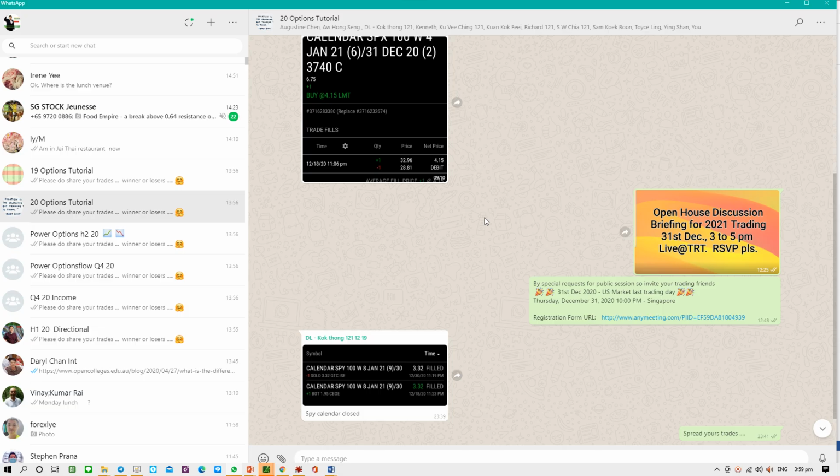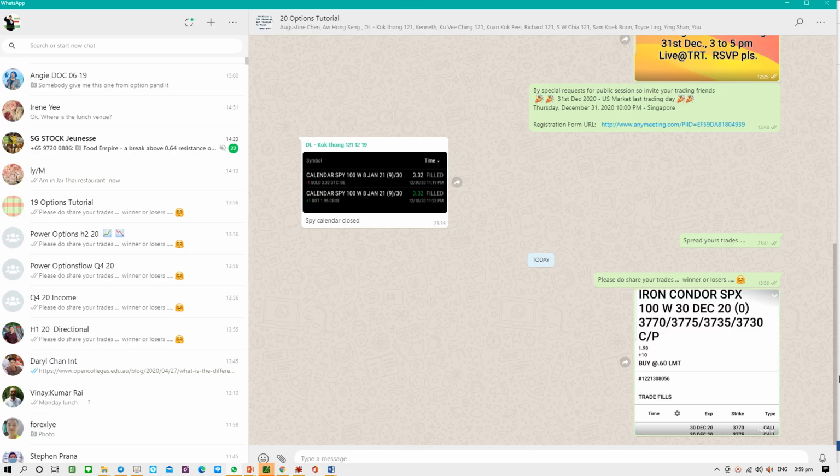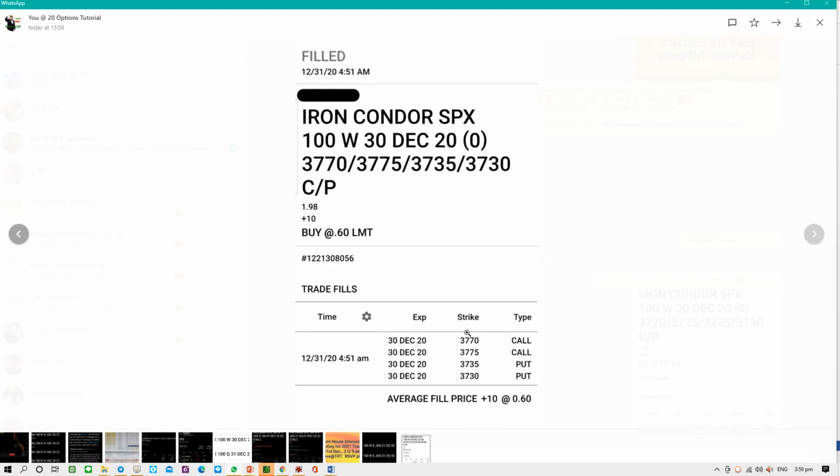This is my core. I put this one out two days ago, in an iron condor I sold for 210 credit. Then I bought it back almost at closing time.